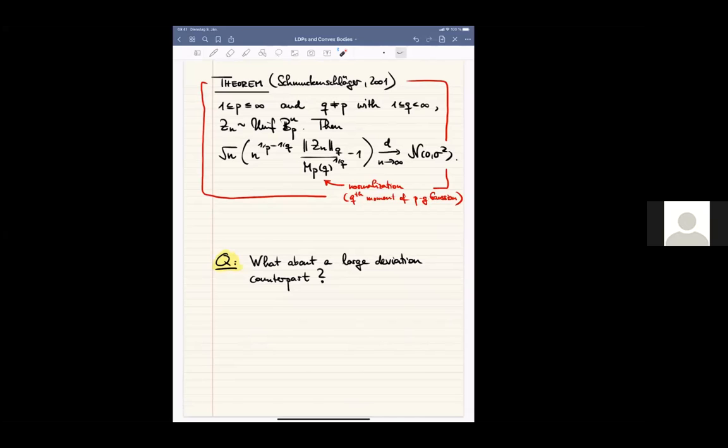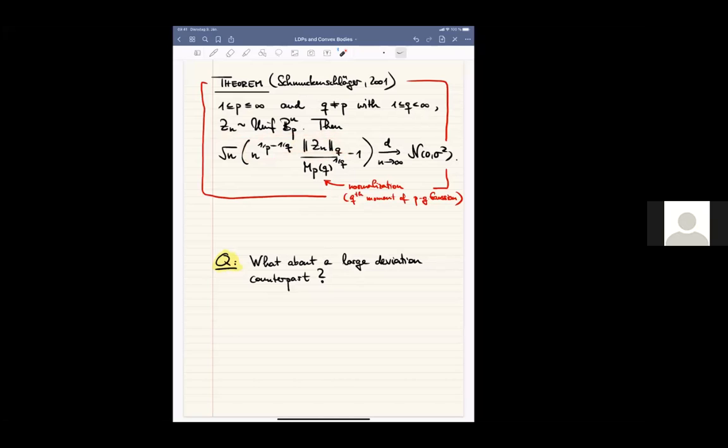So there's a central limit theorem by Schmuckenschläger, who proved this in 2001, which says that if p is between 1 and infinity, q different from p, and q between 1 and infinity, and you have a point which is uniformly distributed on B_p^n, then the normalized q norm of this vector satisfies the central limit theorem.